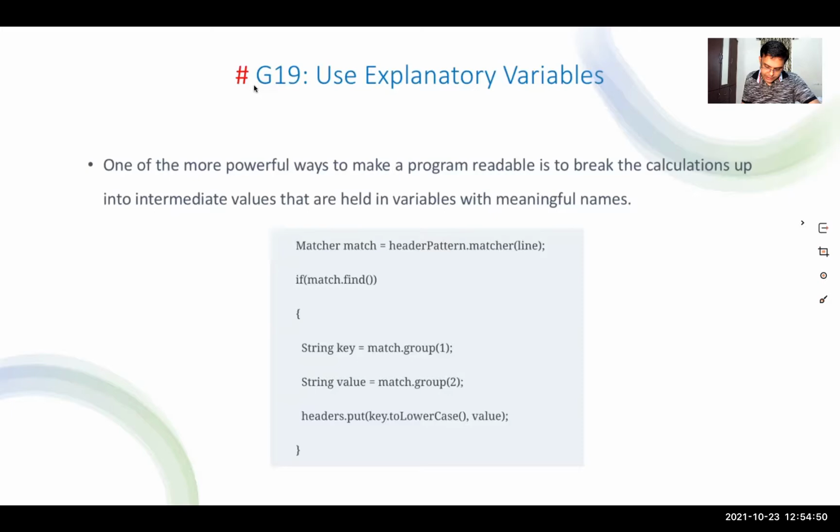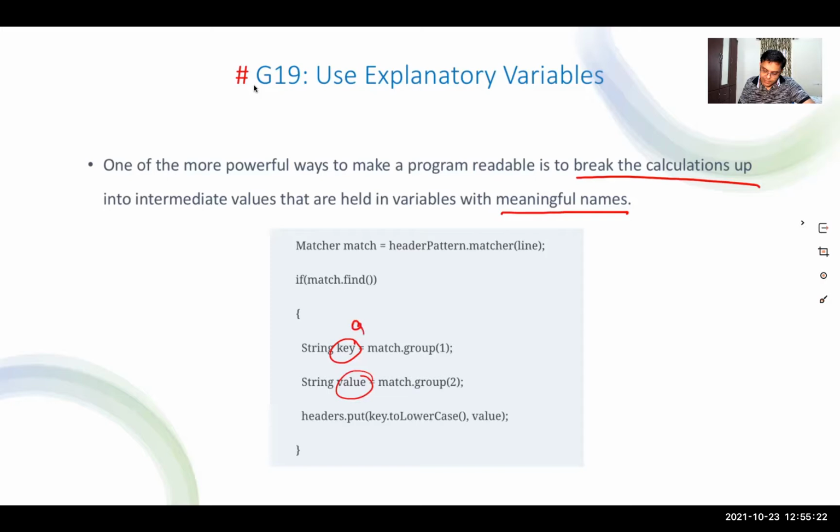And explanatory variables. If you look into these programs, the first thing we started with is that we want to make the program readable. For that, I have to use meaningful names. Here, I have given key, value, etc. This is very clear: what is key, what is value?